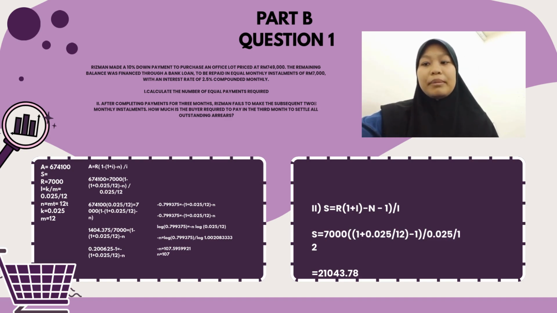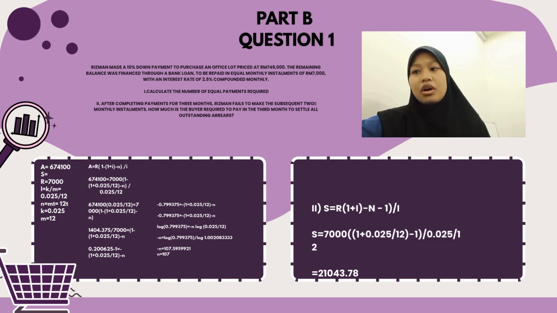0.799375 equal minus bracket 1 plus 0.025 over 12 bracket power minus n, and then you use the logarithm to solve for n, which means you need to put the log onto both sides, so it will be log bracket 0.799375 bracket equal minus n log bracket 1 plus 0.025 over 12 bracket.